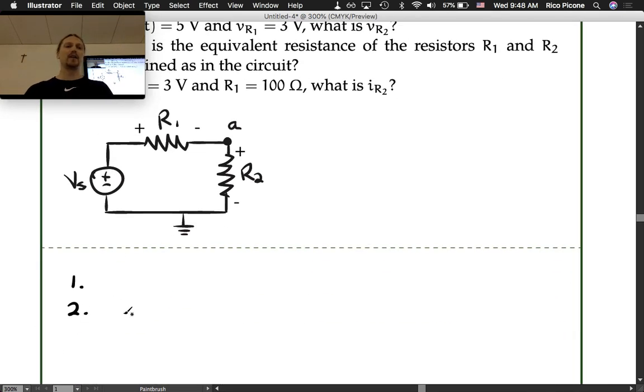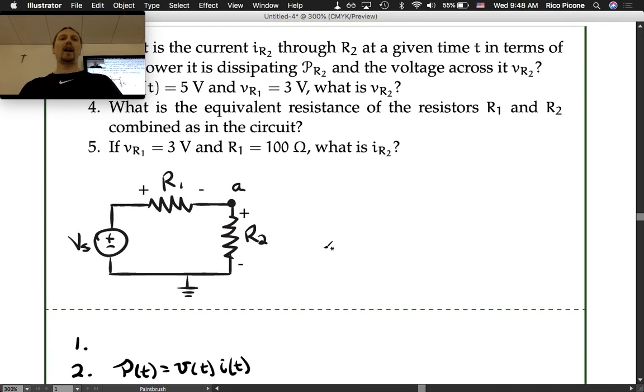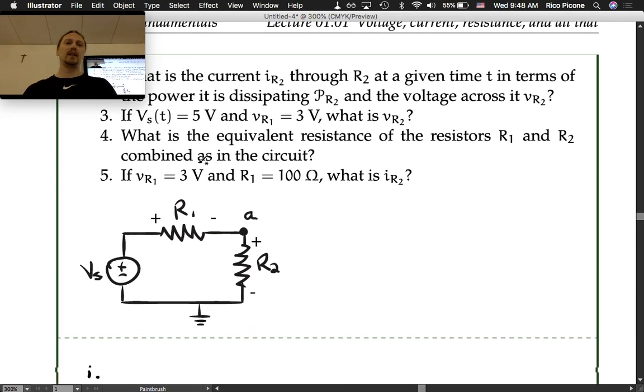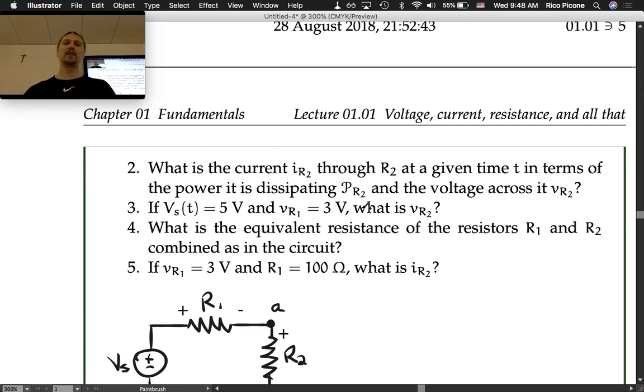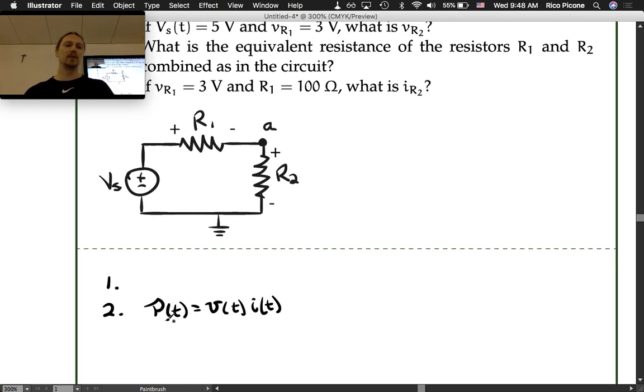Power at a given time is equal to the voltage at that time times the current at that time. Specifically for R2, we would say PR2 = VR2 × IR2.